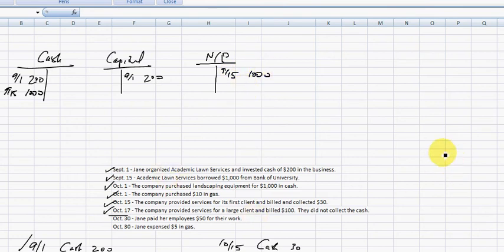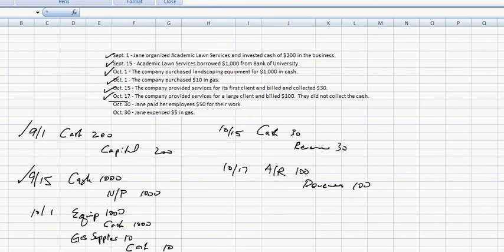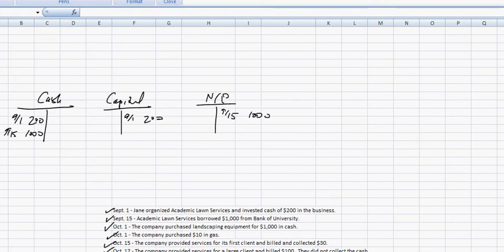This is our ledgers. On 10/1 we have equipment of $1,000 and cash of $1,000. So here on 10/1 we used up cash of $1,000, and now we have a new equipment account of $1,000 on 10/1.